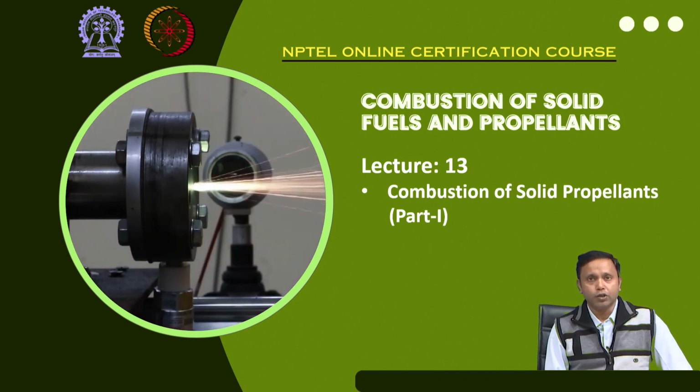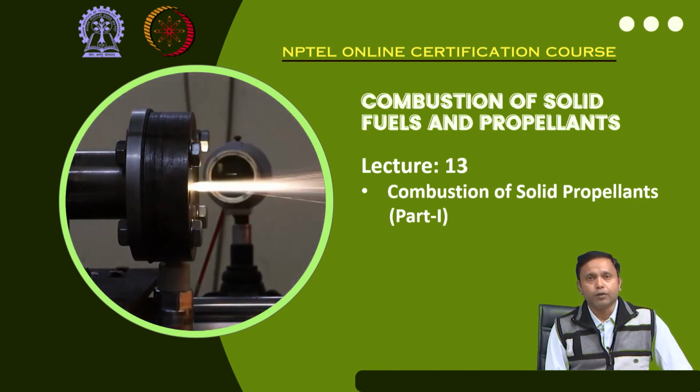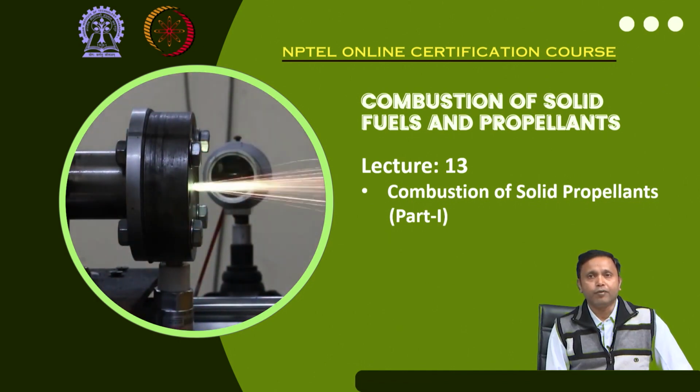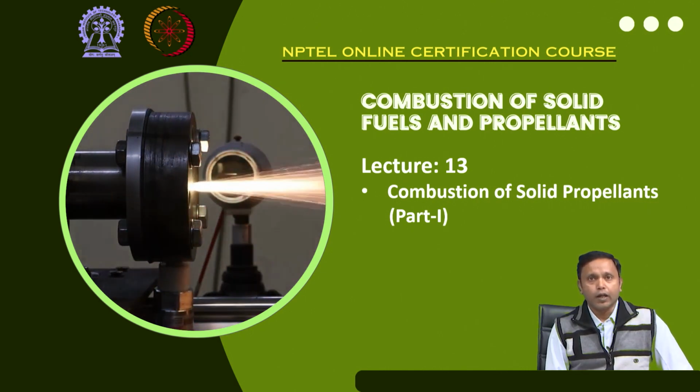One is the homogeneous propellants, mainly double base propellant, and the other is the composite propellants, consisting mainly of ammonium perchlorate as oxidizer, polymeric fuel as binder, and maybe aluminum particles as fuel. We will try to understand, in a very simplified approach, the various reactions, dominant species formation, and the various zones in these types of combustion processes.